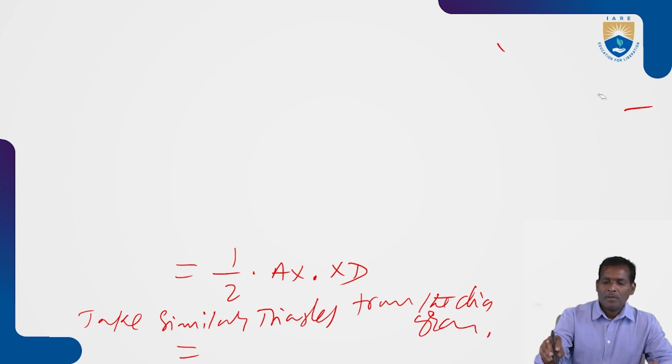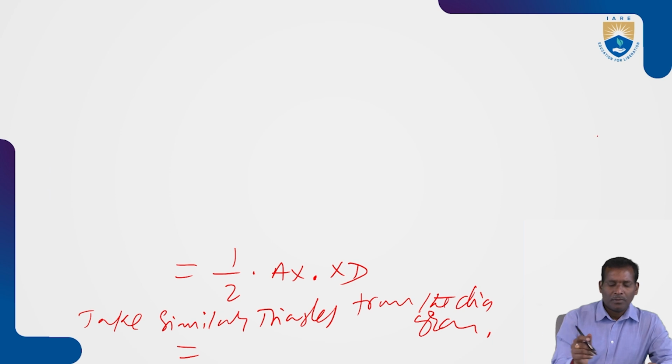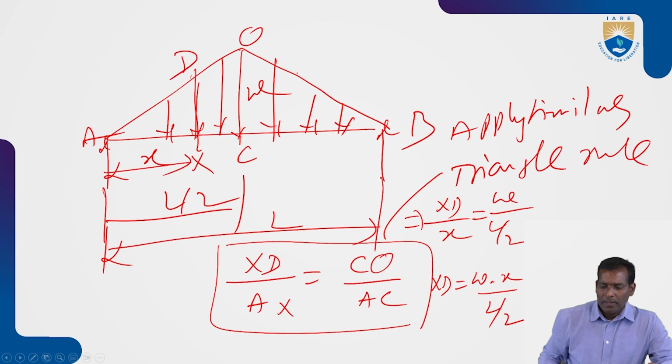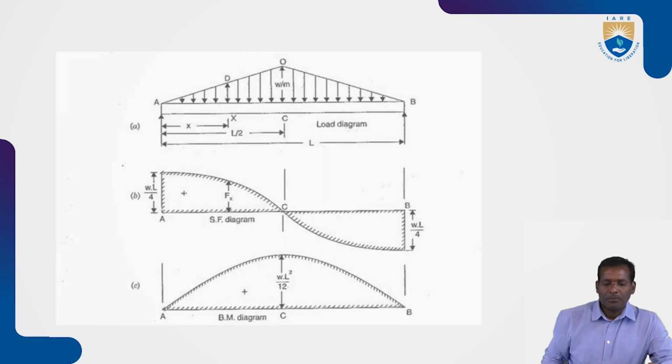So in this, substitute, you will get the shear force. So AX into HD multiplied with AX. AX is equal to X, HD is equal to WX by L by 2.